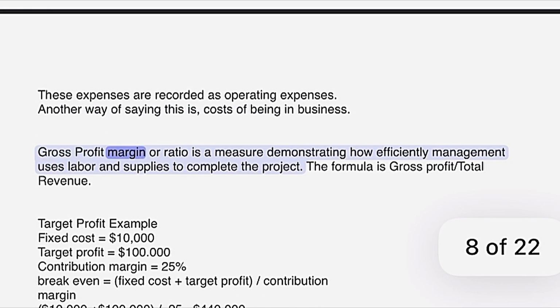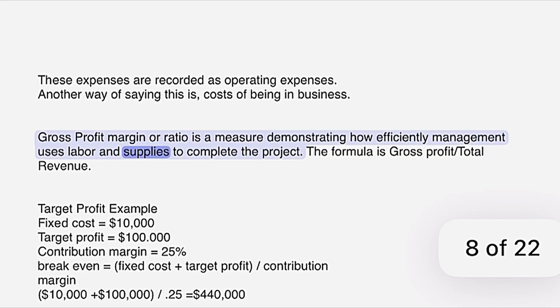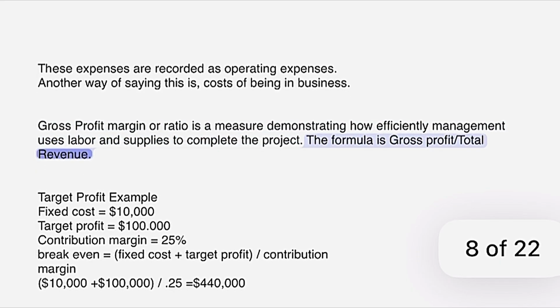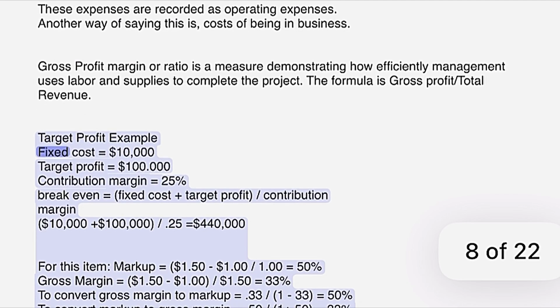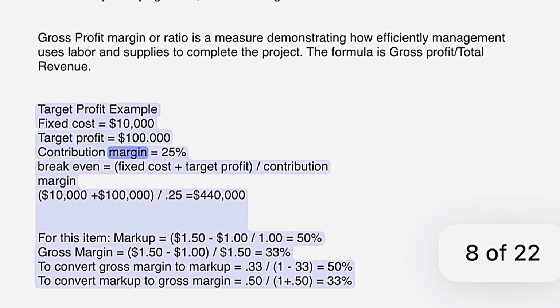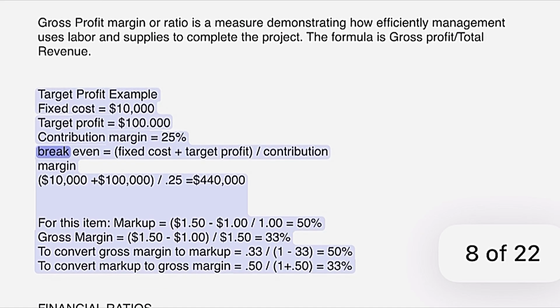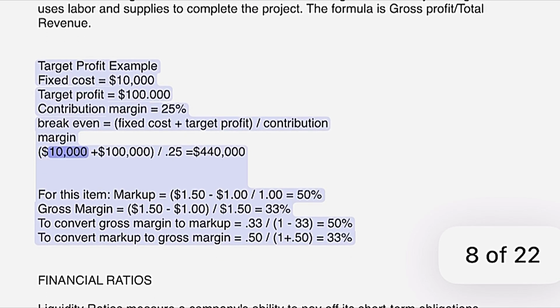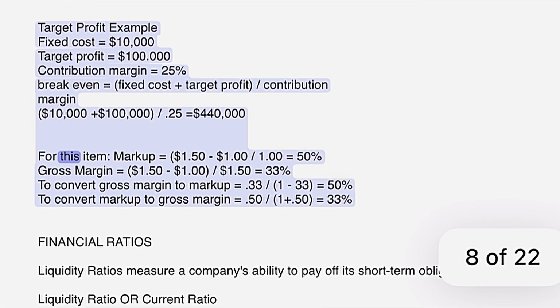Gross profit margin or ratio is a measure demonstrating how efficiently management uses labor and supplies to complete the project. The formula is gross profit divided by total revenue. Target profit example: fixed cost $10,000, target profit equal to $100,000, contribution margin equal to 25%. Break-even equals fixed cost plus target profit divided by contribution margin: $10,000 plus $100,000 divided by 25% equals $440,000 for this item.